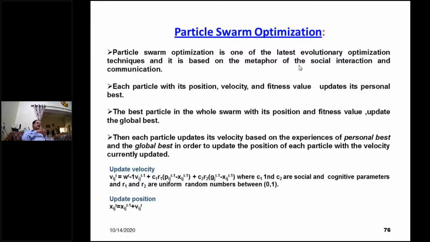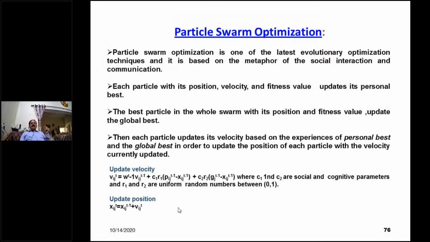So this is what they do. Now this has been imitated, and if you use the particle swarm optimization, it uses only two equations, that is the velocity and the position equation.